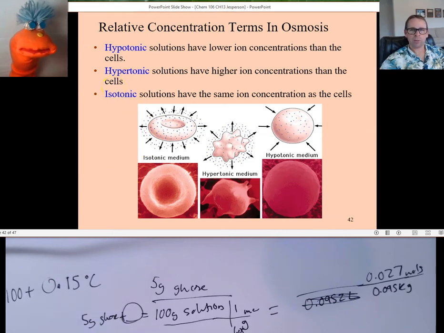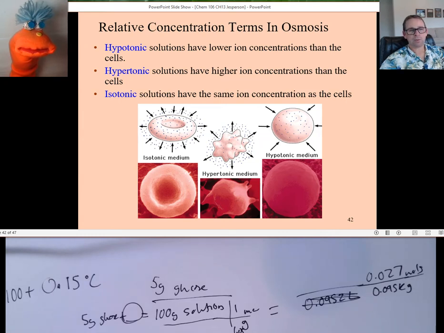So here are some vocabulary words that are nice to be aware of, especially if you're going into medicine. If you're going to be a nurse, think about IVs. We give people IVs because we need to maintain their hydration level.